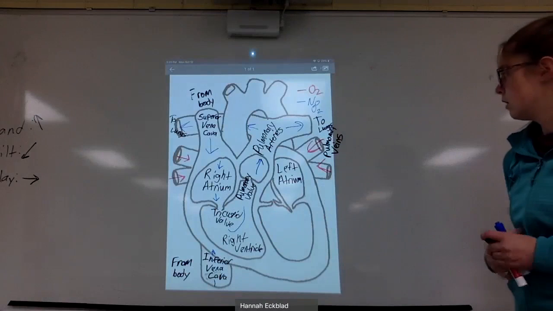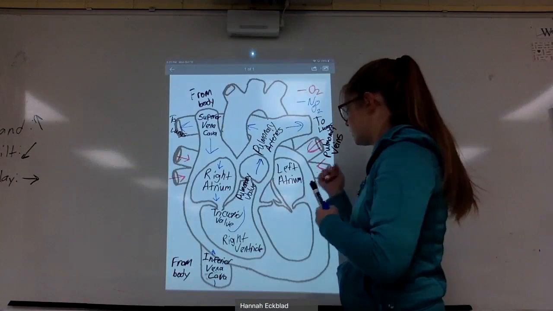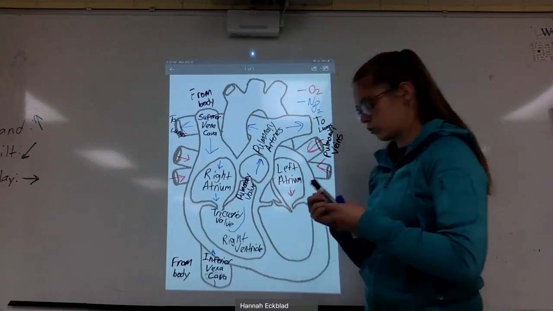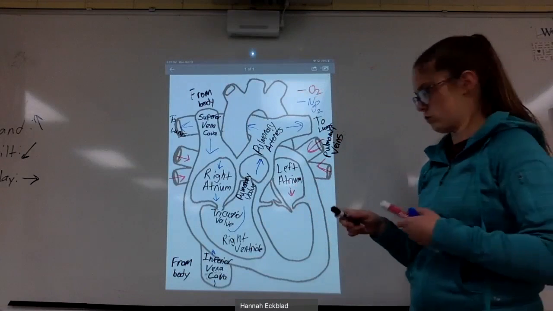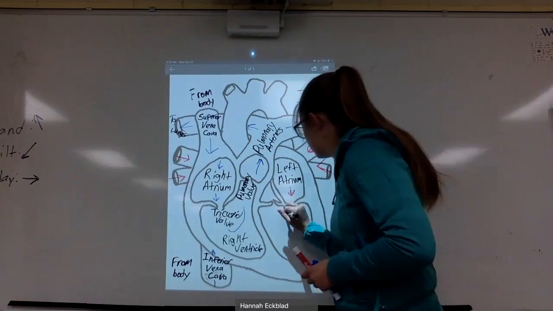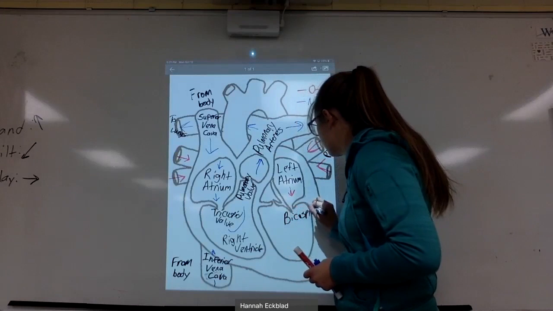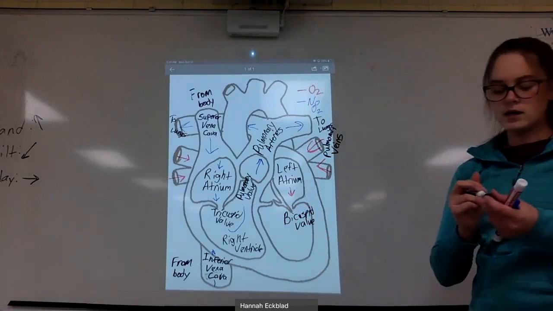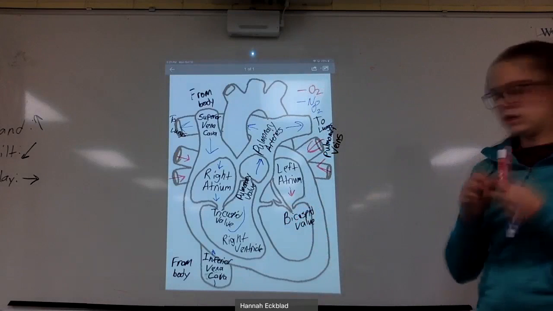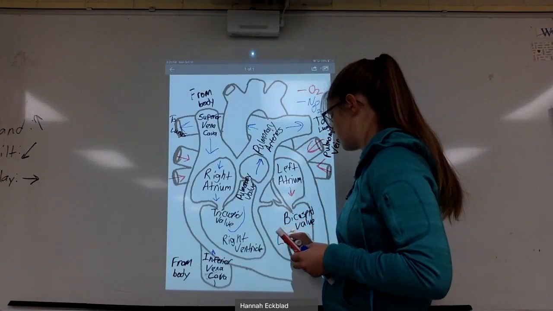And our oxygenated blood travels through the left atrium, through the bicuspid valve. Sometimes it's called the mitral valve, but we're just going to call it the bicuspid valve. And the bicuspid valve leads to the left ventricle.